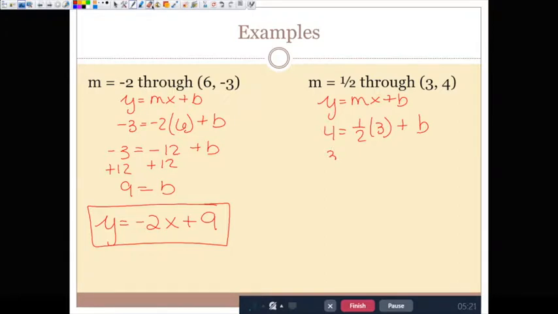So 4 equals 3/2 plus b. So I need to get rid of my fraction. How do I get rid of a fraction? By the LCD, right? Least common denominator. What would be my least common denominator? 2. So I'm going to multiply everything by 2.